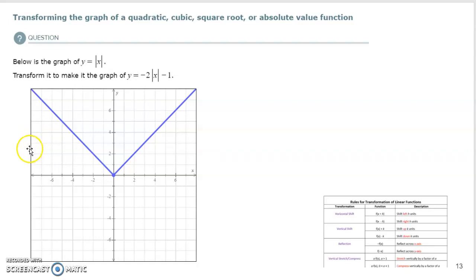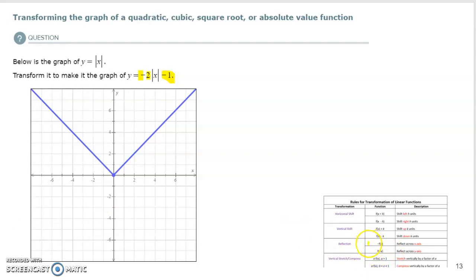This graph puts together a lot of the things that we've been doing. So if I look over here, I see that I have a negative sign, a 2, and a down 1. So we need to think about what a 2 on the outside means, what a negative on the outside means.